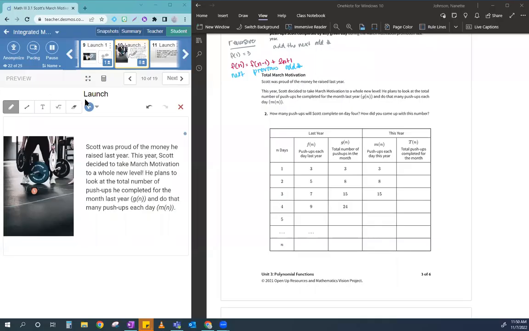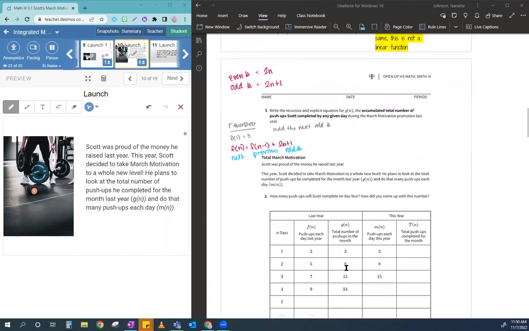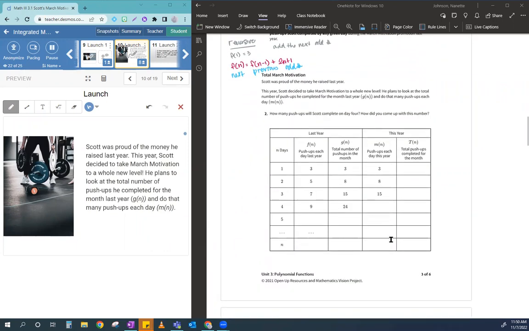Okay, so since we already figured out this function here, that means we already figured this out.